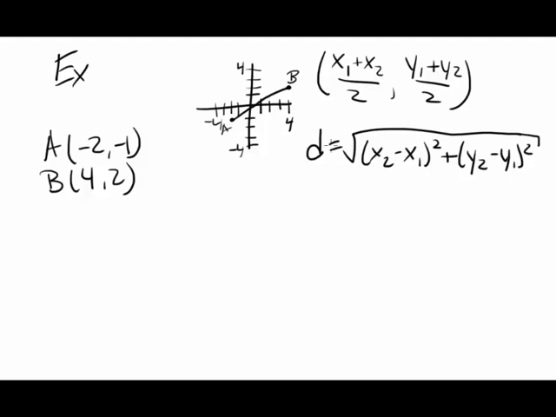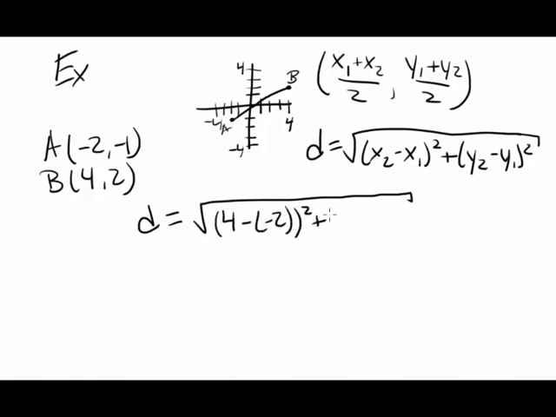So again, plugging in these values that we have for A and B, we're going to get d equals the square root of (4 minus a negative 2) quantity squared plus (2 minus a negative 1) quantity squared.